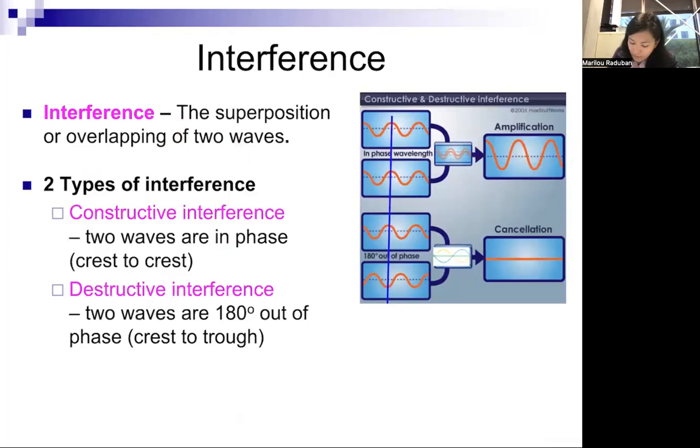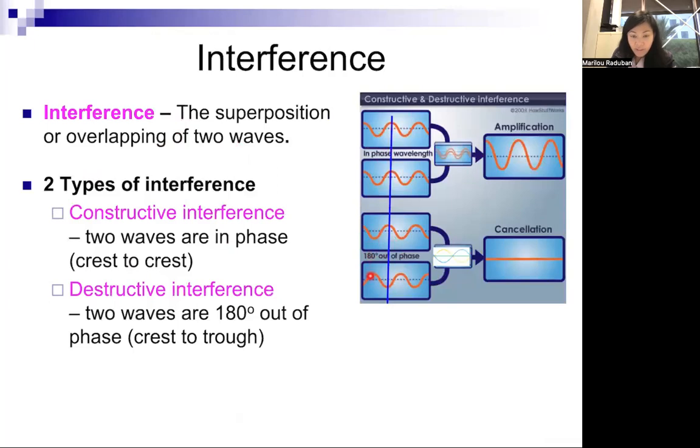On the other hand, if the two waves are what we call 180 degrees out of phase, as we see in this illustration, it's these two bottom waves here. Notice how the trough of one wave coincides with the crest of a second wave.